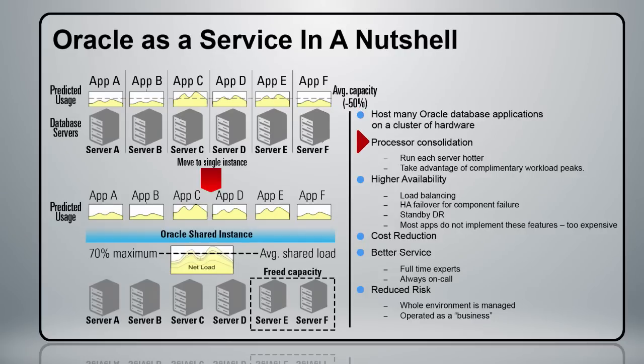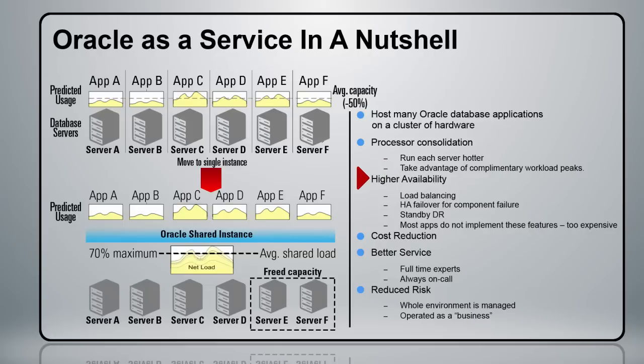And they use processor consolidation, which means they run each server hotter, with a higher utilization rate. And they take advantage of complementary workload peaks, which means if you have two applications that peak at different times, you can easily consolidate them on one set of hardware because they are complementary as to when they take their peak.